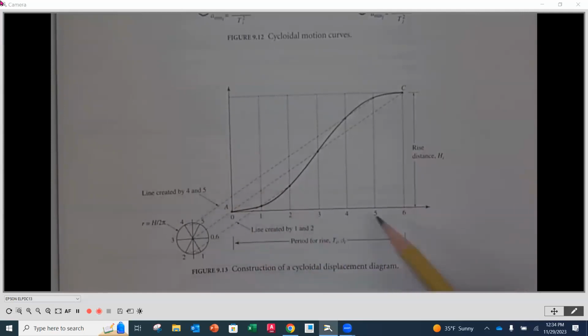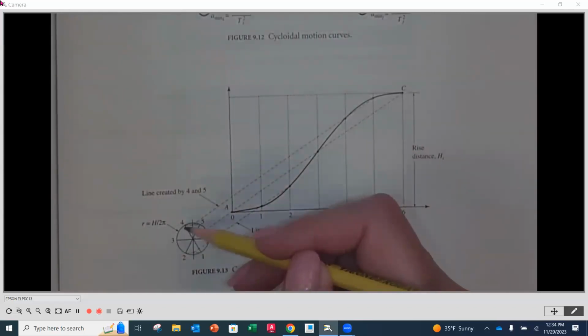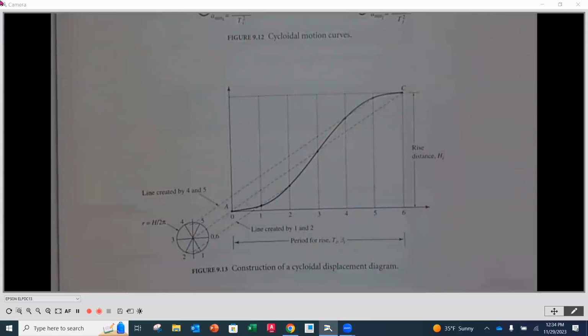Then you're going to mark off 6 even increments, not in even angles. It's just however long this ends up being along your axis, you divide that into 6 equal increments. Then you're going to divide your cycloidal circle into 6 even increments. And then you'll notice how you pull together the 2 and the 1 to the center, and that's going to plot on the points that correspond.